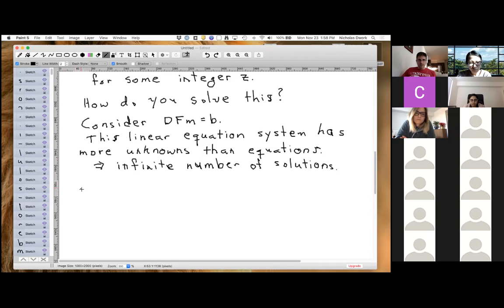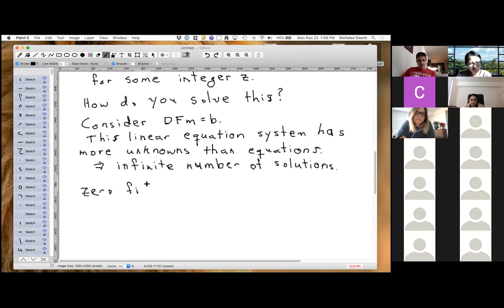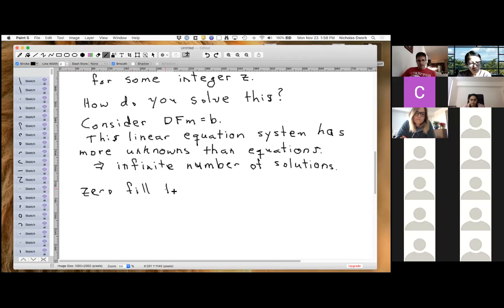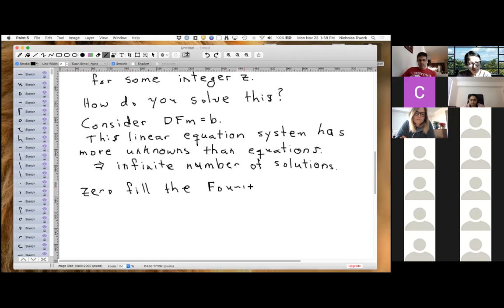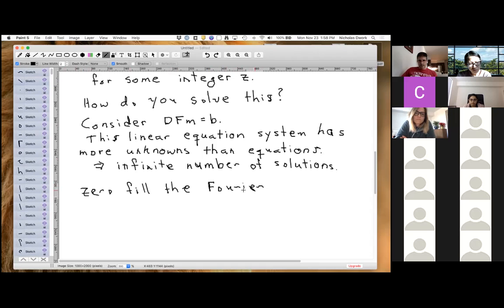So if we zero fill the Fourier data, then we satisfy the system exactly.